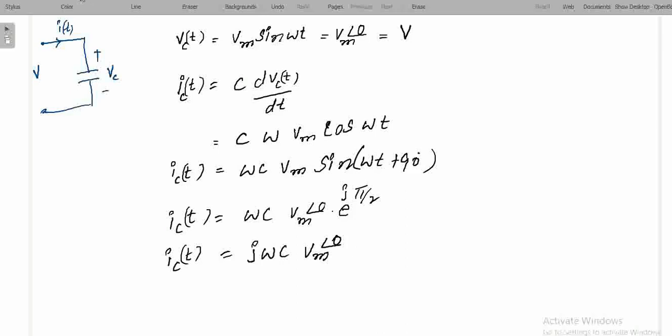So let us draw the phasor diagram for this one. Let us take this as your equation number 1 and this as your equation number 2.